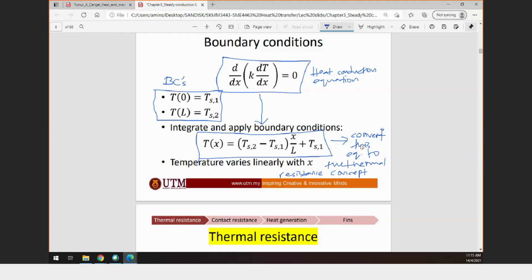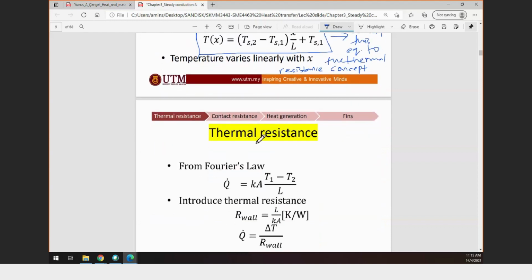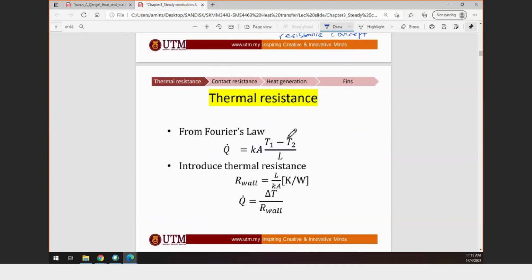Okay, so what is the thermal resistance? Thermal resistance is a method to analyze heat transfer by identifying the heat transfer mode as a resistance. Okay, never mind, we will look at this throughout the slides.